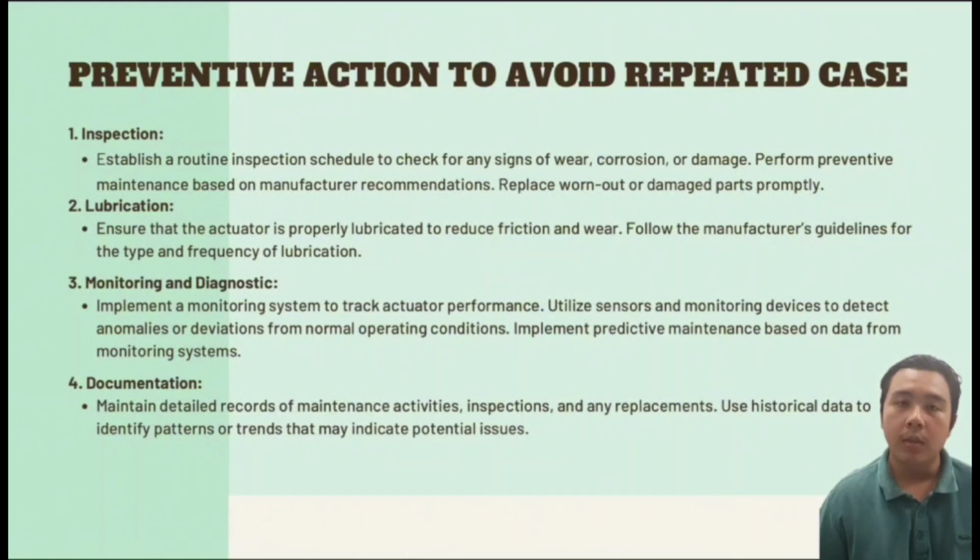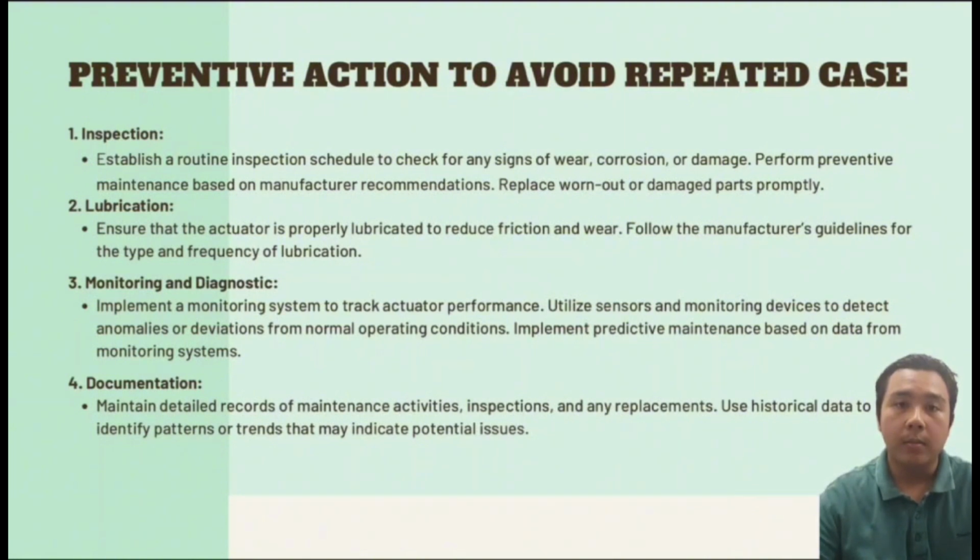Replace worn out or damaged part properly. Second is lubrication. Ensure that the actuator is properly lubricated to reduce friction and wear. Follow the manufacturer guideline for the type and frequency of lubricant.